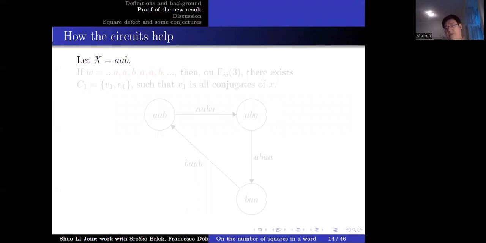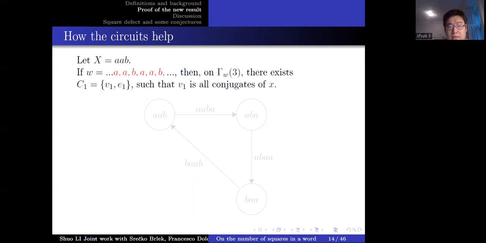So here, let me show you how the sequence can help to identify squares. Let us take X to be a primitive word. In this example, I will take X to be AAB, and in fact, the argument I will make works for almost every primitive word.